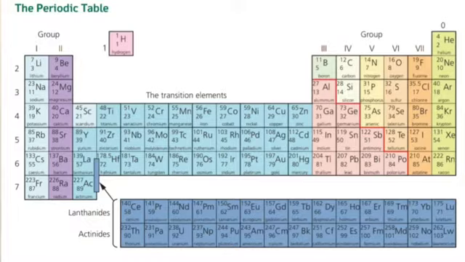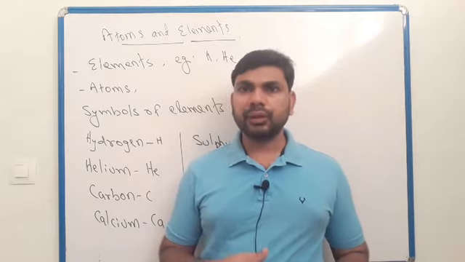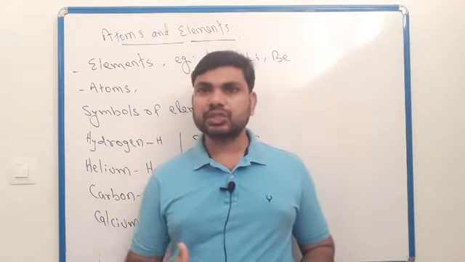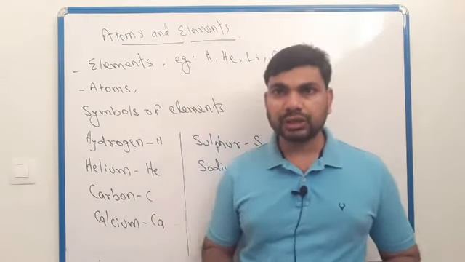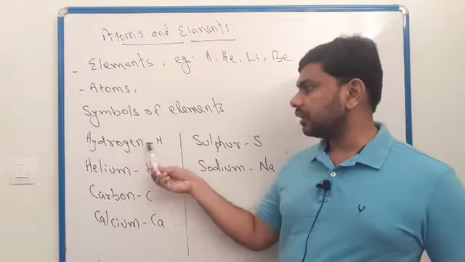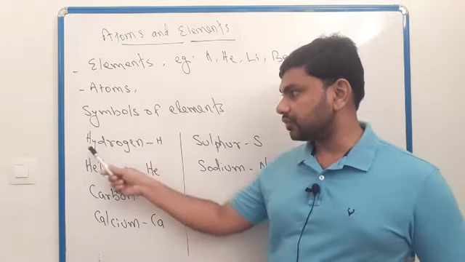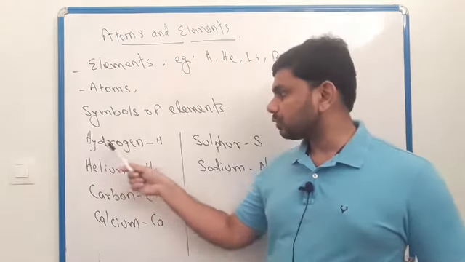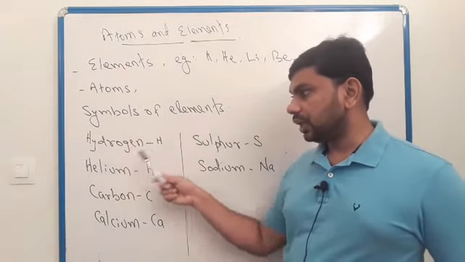In the periodic table you can see the name of each element and also its symbol. We use different symbols to represent different elements. For example, hydrogen, H. The first letter of hydrogen is H, so we represent hydrogen with H.